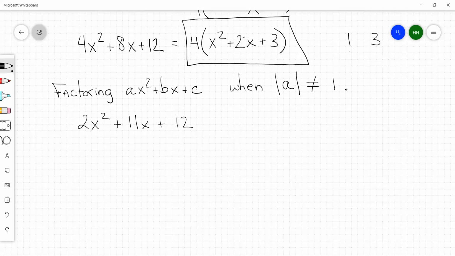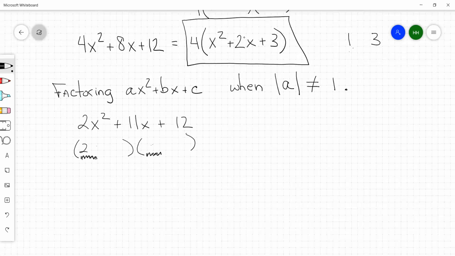All right. Simplest way to start this is you're going to have a binomial times a binomial. And when you multiply these two binomials, when you multiply this first term by this first term, it has to equal 2x squared. So there's only two things that can go in these first positions. Okay?